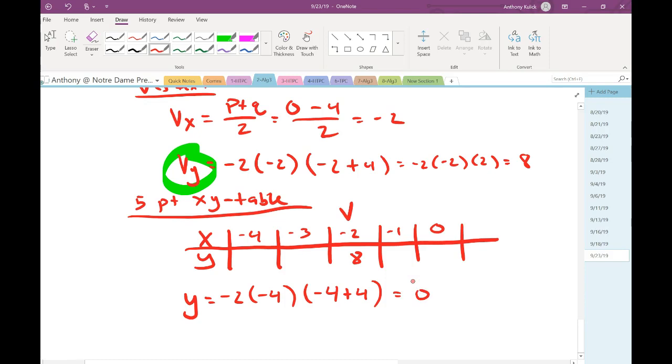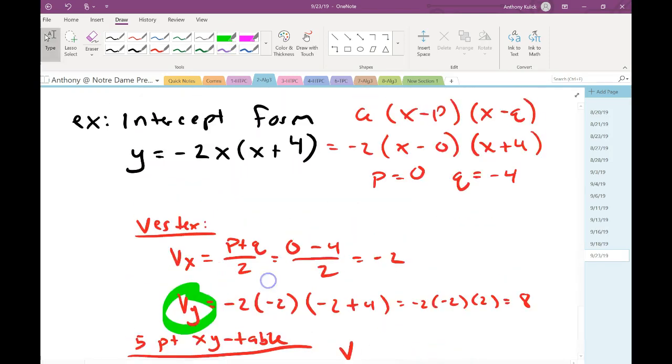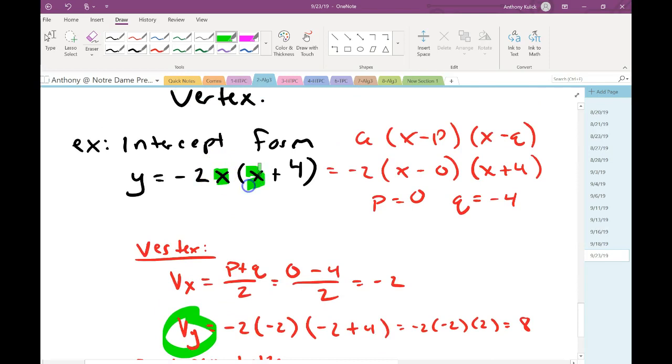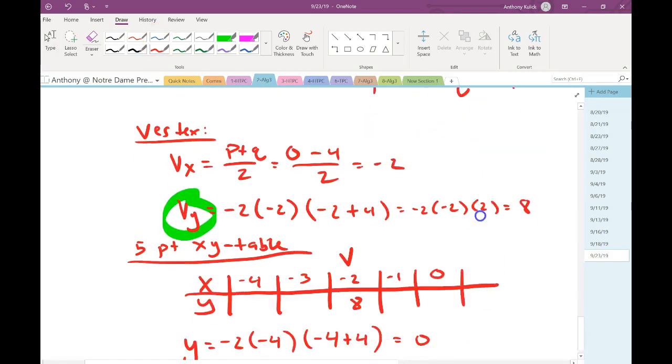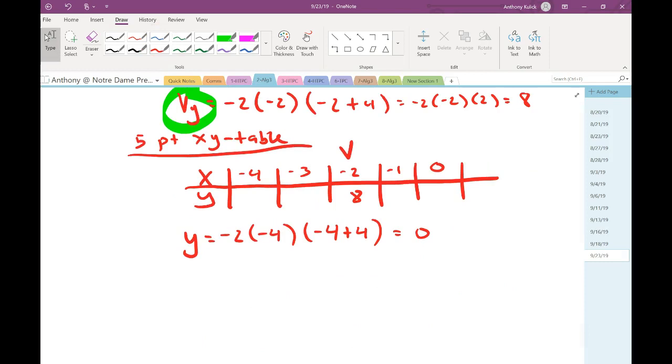So when I plug in -4 for x, I have -2 times -4 times -4 plus 4. Are we okay with where I've gotten these numbers from? What I did is I plugged -4 into the x's of my original function. Everybody see that? And obviously -4 plus 4 is 0, and anything times 0 is 0. So I got a 0 there. So I'll write that in my table as my y-coordinate.